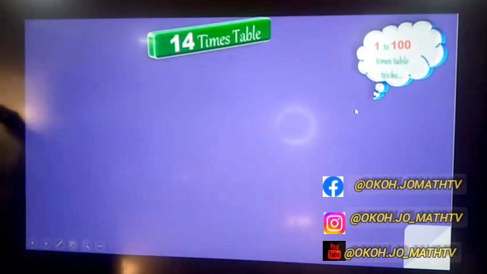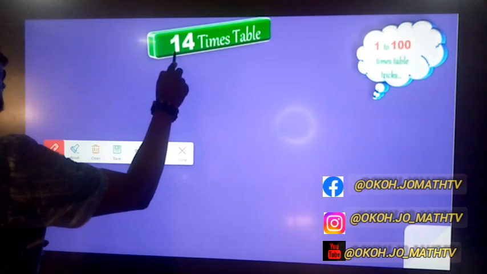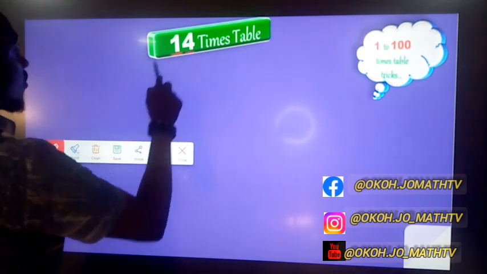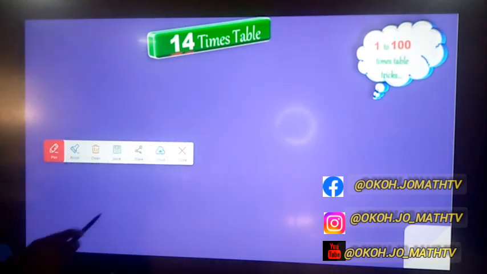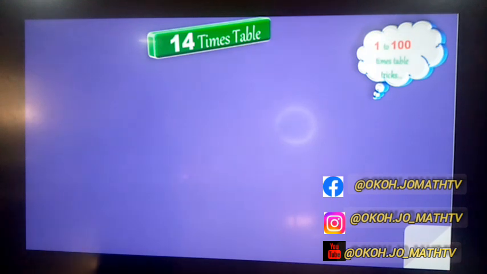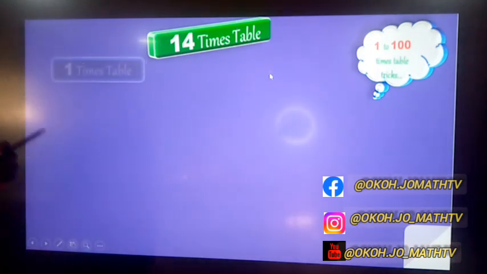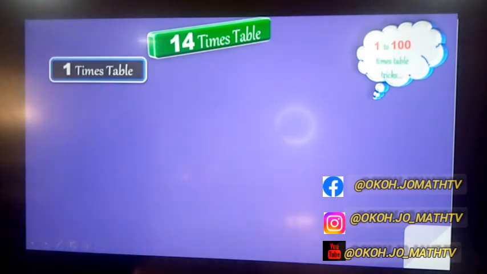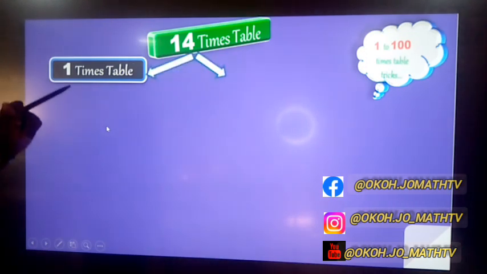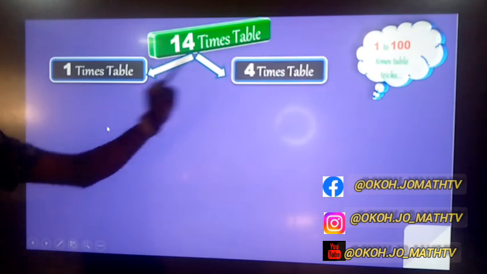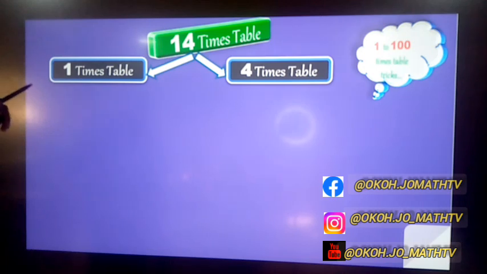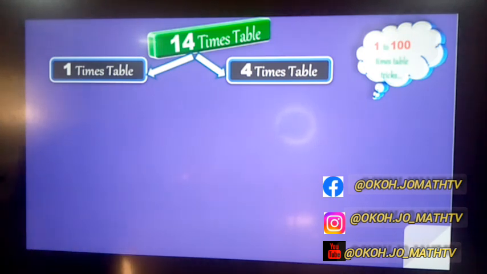In this 14 times table, we should see how we can split this 1 and 4 as different times tables, and let's see how to go about the trick. So the 1 times table is brought apart, and the 4 times table is brought apart separately. Let's go with the 1 times table as normal: 1, 2, 3, 4, 5, 6, 7, 8, 9 and 10.